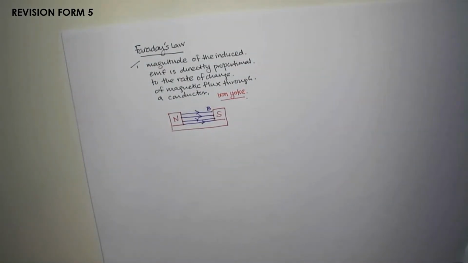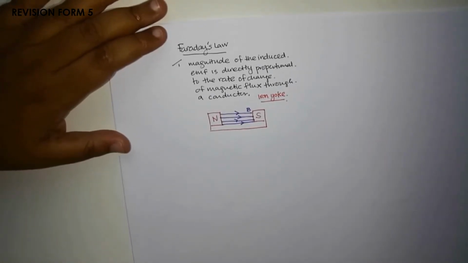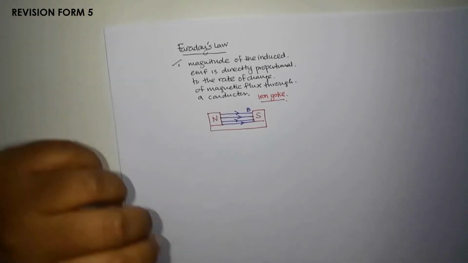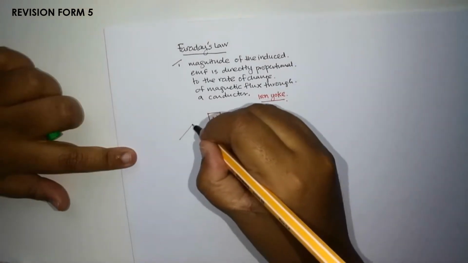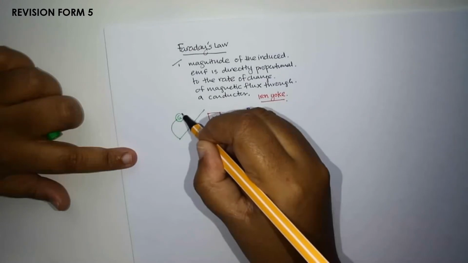So what happens at first? We also have one conductor, which I'm going to draw in another color, maybe green. We have one wire or conductor which is fixed to a galvanometer.